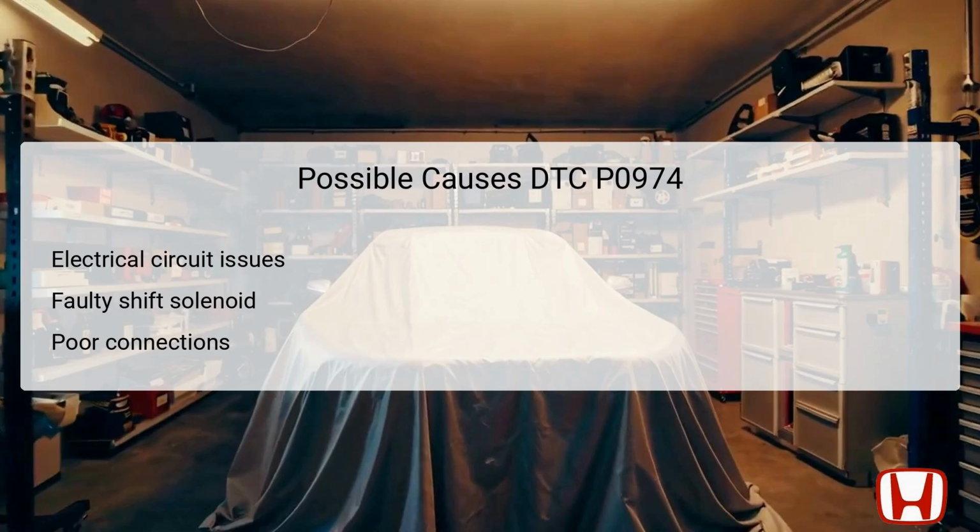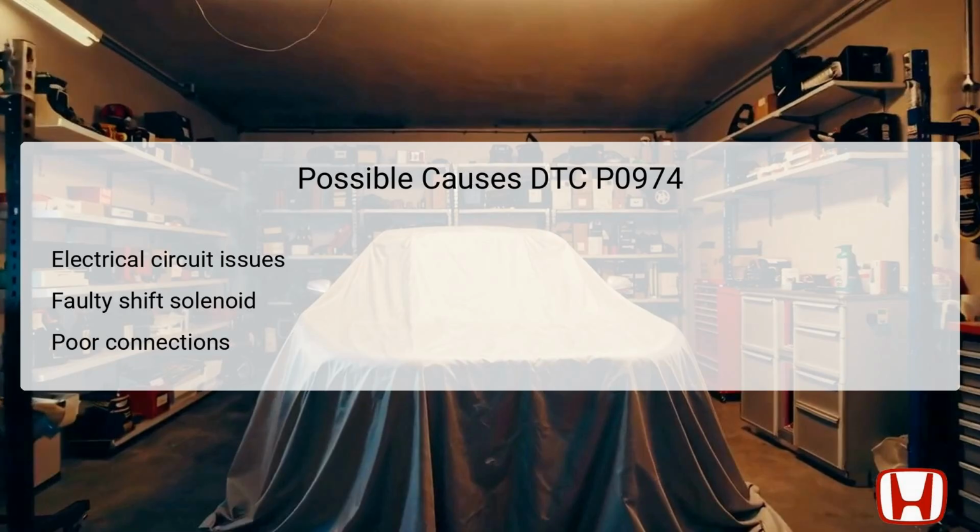The primary causes behind DTC P0974 typically involve electrical circuit issues rather than mechanical failures. These issues might arise from damaged wiring or poor connections affecting the solenoid's operation. A faulty shift solenoid can also trigger this code, potentially leading to disrupted communication between the solenoid and the PCM.